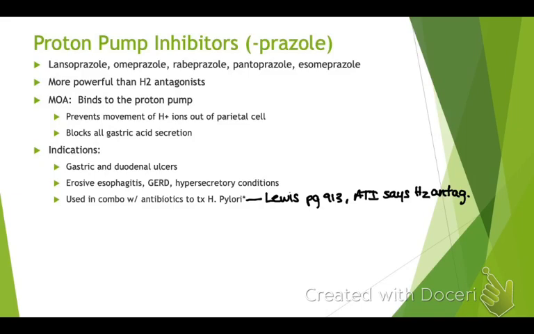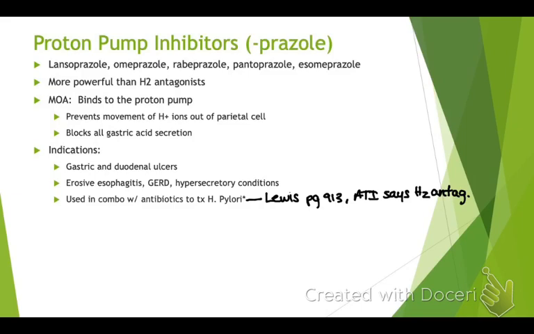Indications, why you take these meds: again, for gastric and duodenal ulcers, for erosive esophagitis, patients with GERD, patients with hypersecretory conditions. Usually these meds are used in combination with antibiotics in order to treat H. pylori.